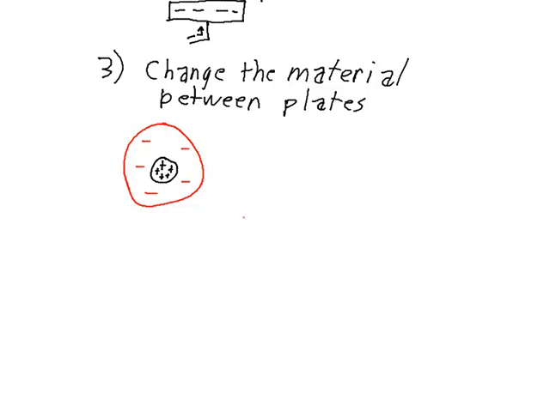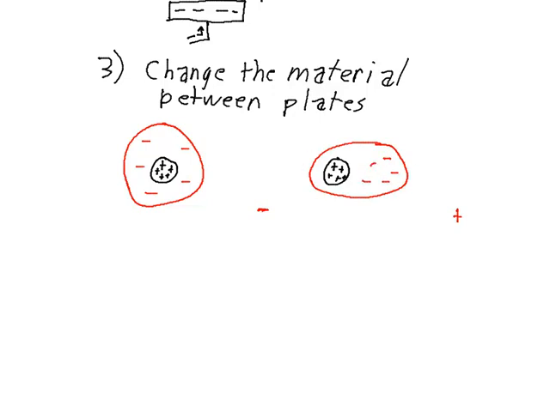Now, if we were to apply an electric field to this system, the nucleus will be unaffected. But let's say our field was oriented so we have more negative on this side and more positive on this side. The electrons are going to be pulled towards the positive side.